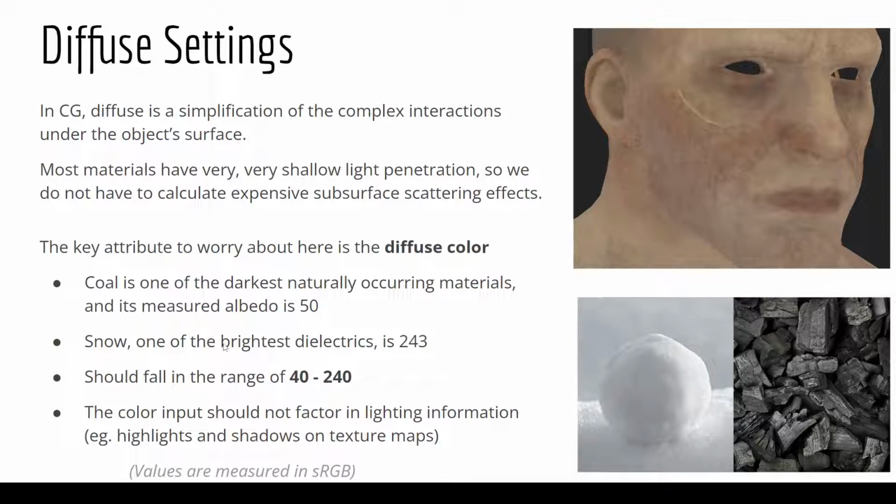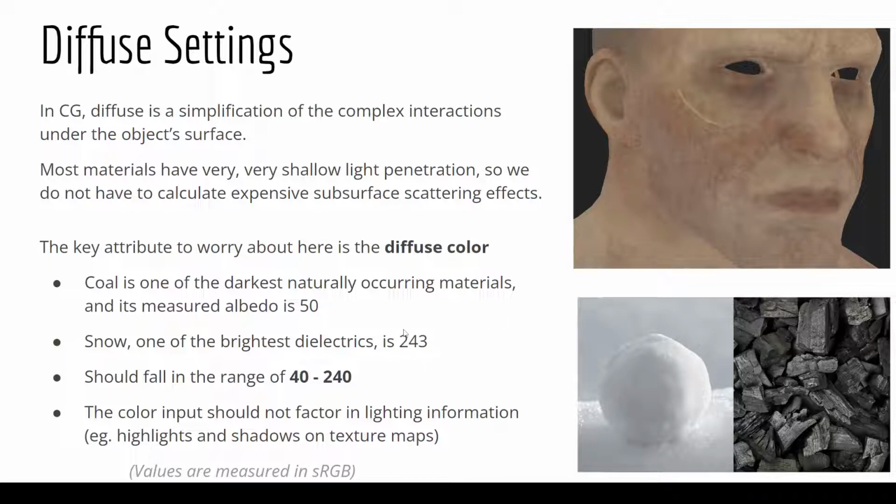So talking about real world PBR values, coal is one of the darkest naturally occurring materials, and its measured albedo value is 50. So that's not zero, that's not perfectly black. It still has some lightness to it. And then snow, which is one of the brightest non-metal materials in the real world, has 243 as its recorded value out of a maximum of 255.